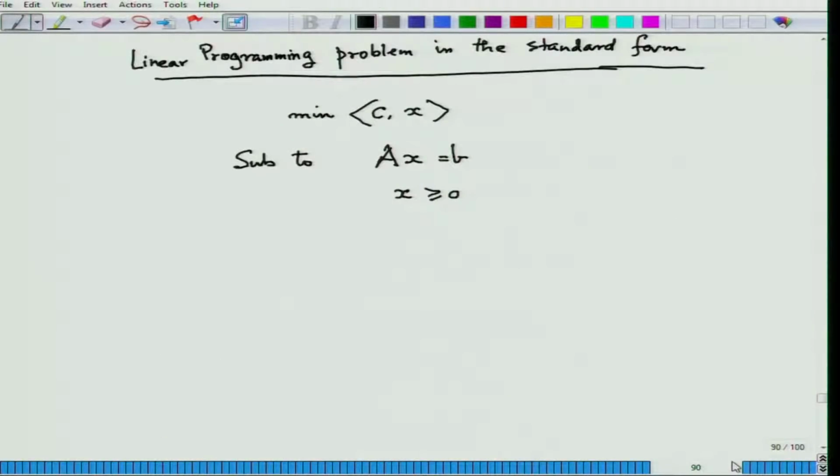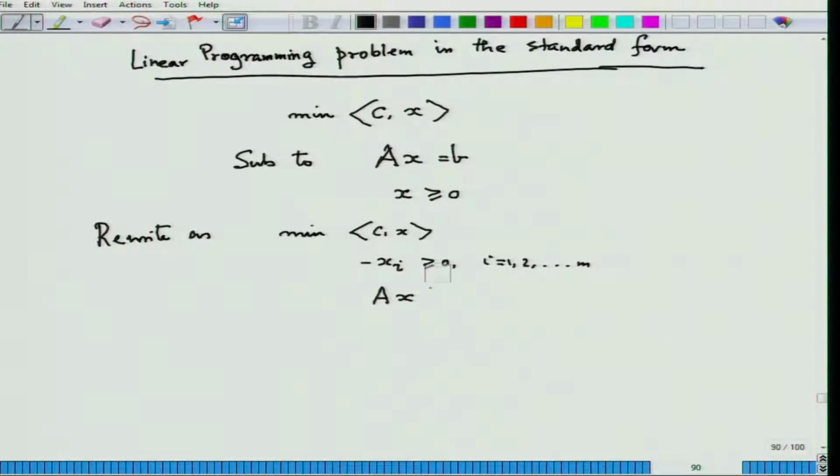A is again the k cross n matrix of full rank. So, I can rewrite it: this is my f of x, c transpose x, and minus x_i less than or equal to 0. So, these are the inequality constraints and this is the equality constraint.